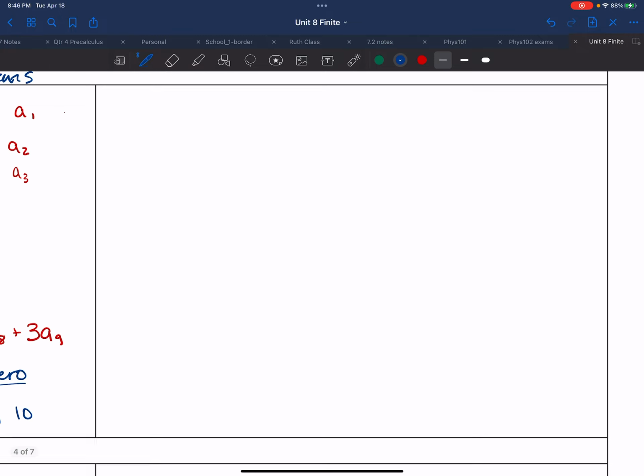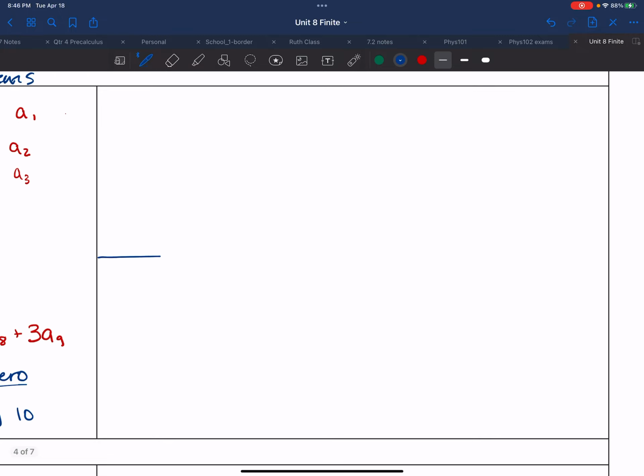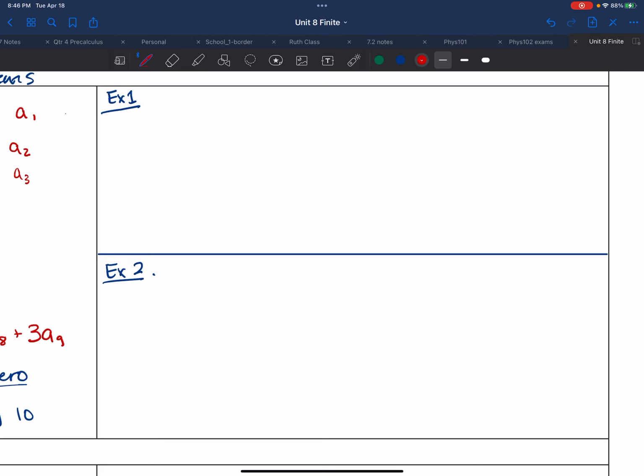All right, I'm going to go ahead and separate my notes here into 2 for my examples. So example 1 and example 2. So example 1 is going to be the number 05800001277.